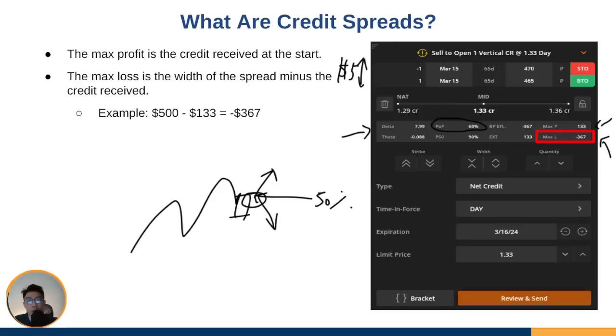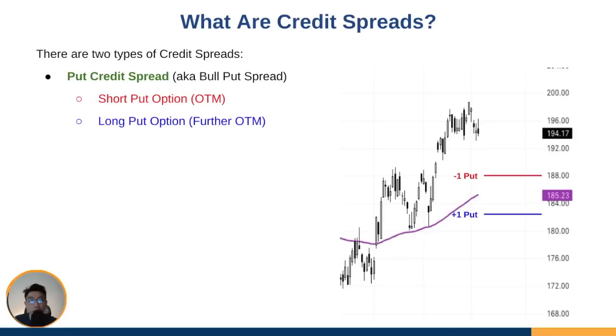Now, for the credit spread, it's very different. If you take a look at this put credit spread as an example, you notice that the current price is here, but your put credit spread is below here. So what does this mean? It means that if the market comes down, and let's say at this point it expires, that means the trade has finalized. So do you actually win or lose money at this point?